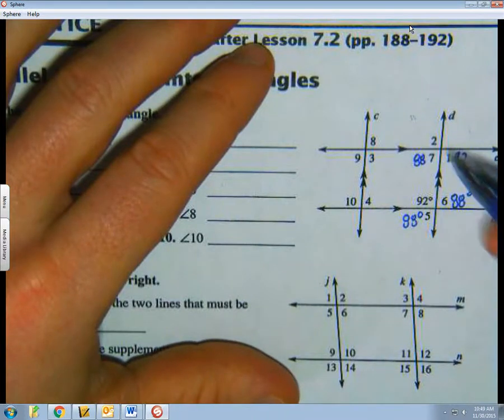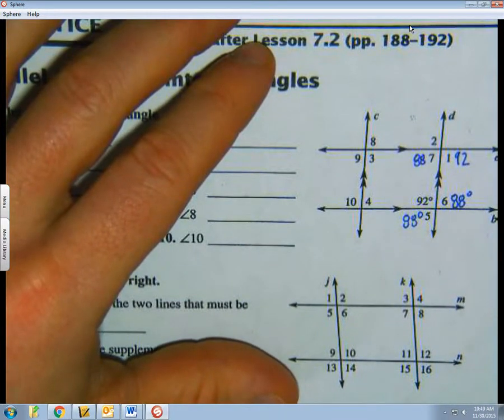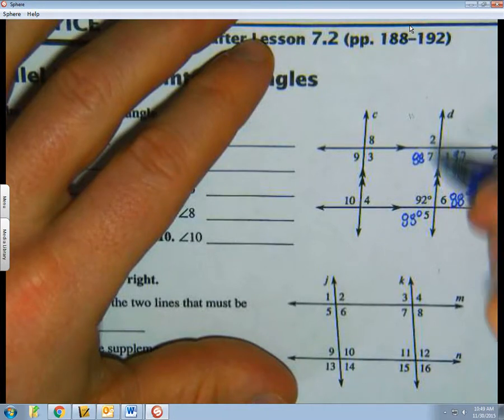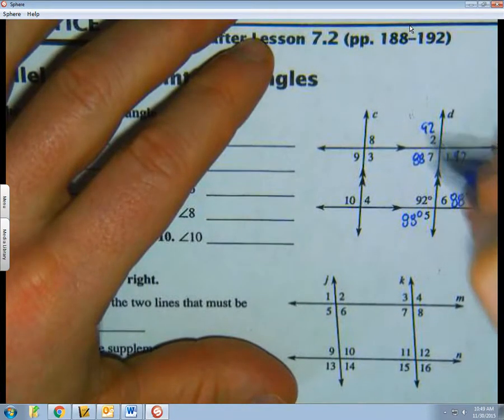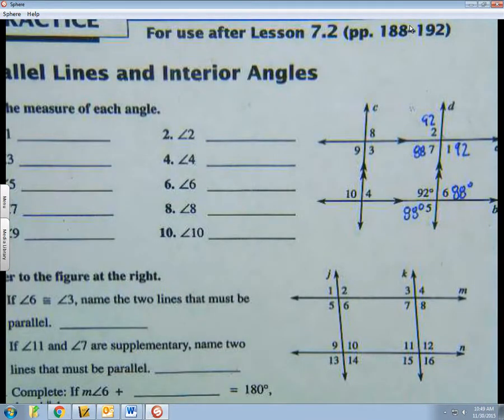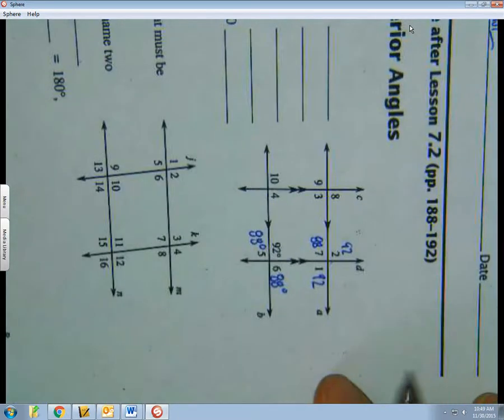1 and 2, that is a vertical angle, and those are linear pairs, so either those are the same or those add up to 180. You should get the same thing. Okay, sometimes it helps me to spin it, just to get another way to look at it.